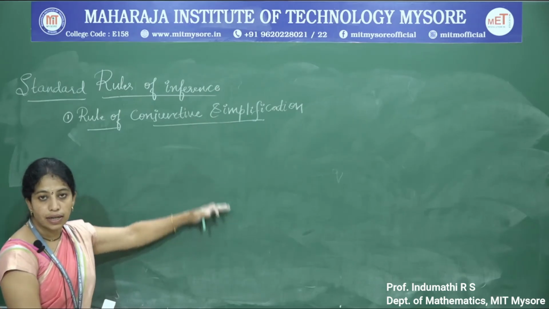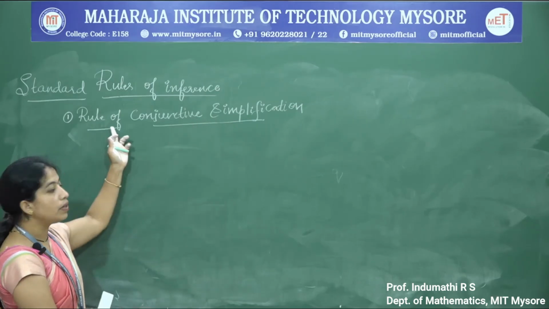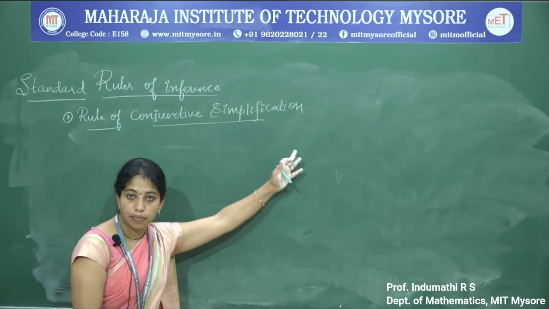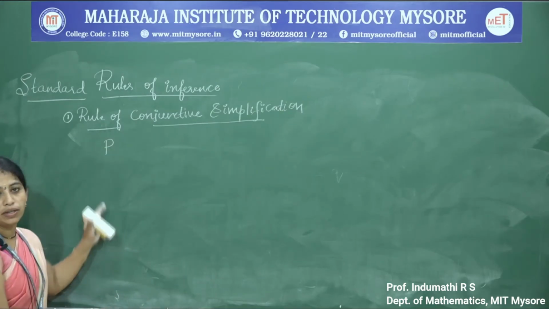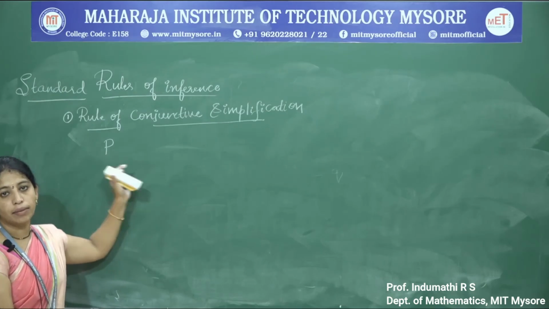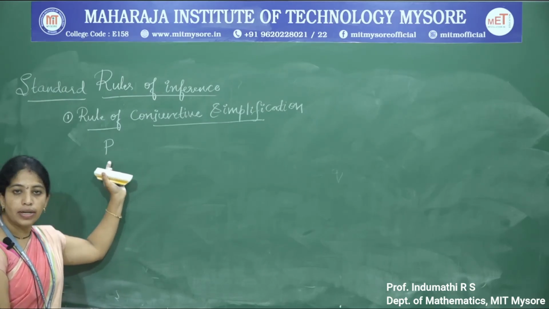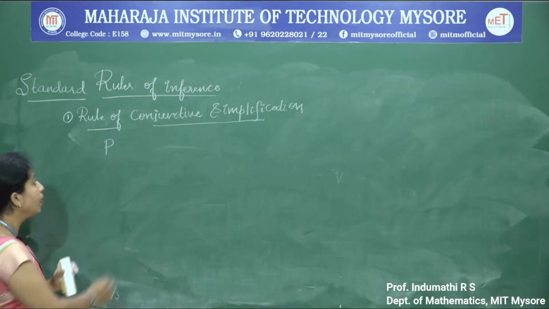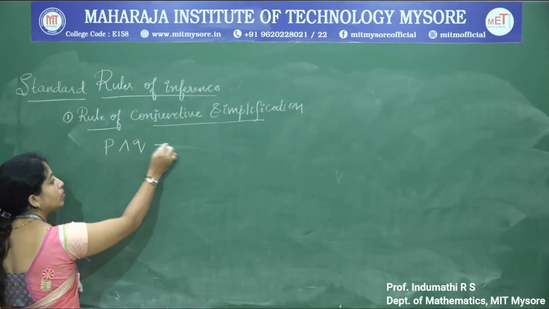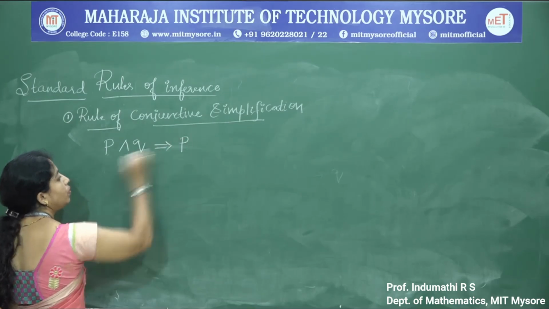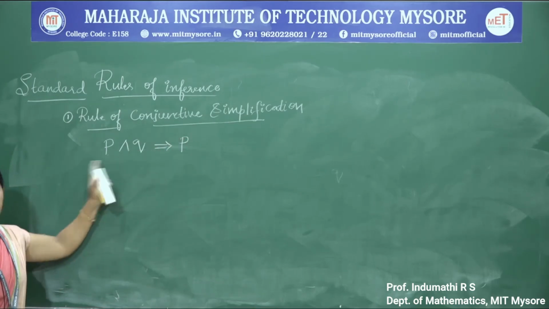There are totally 6 standard rules of inference. The first one is rule of conjunctive simplification. For any two propositions P and Q, either simple or compound, if P conjunction Q is true, then P will be true. This is the first one.